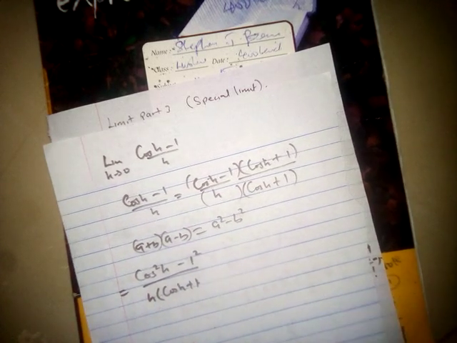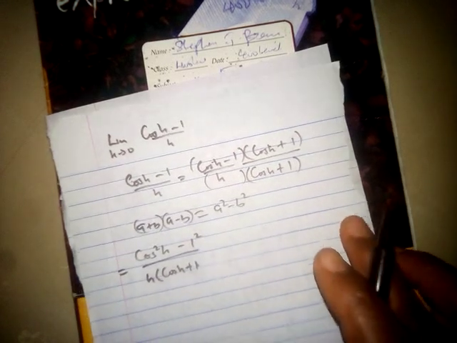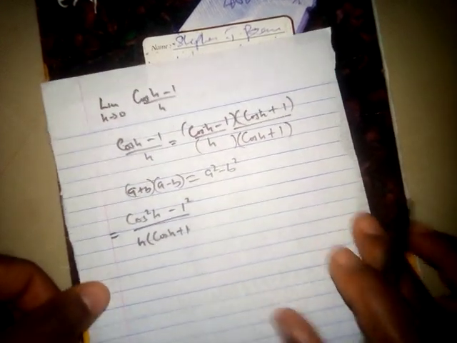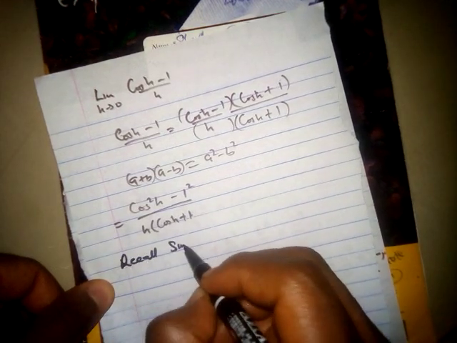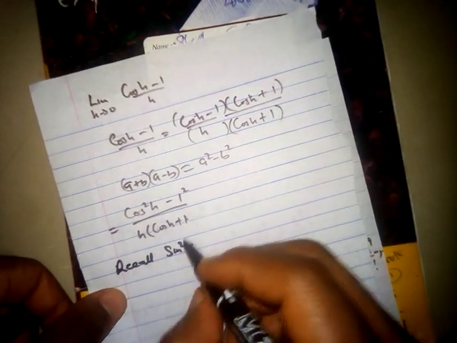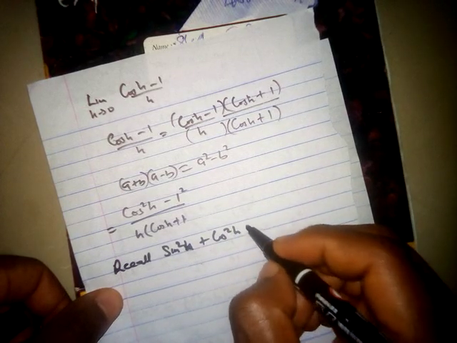Now observe that cos squared h minus 1 looks somehow familiar. Let's draw your mind back. Recall that sine squared h plus cos squared h is equal to 1.